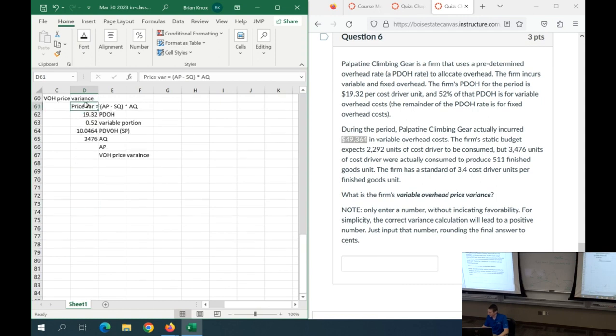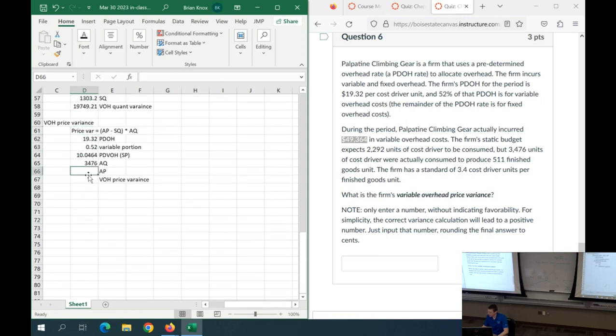I mean this one right here. So the actual price, here we'll do actual variable overhead cost, is $49,364. That's the highlighted portion on the other window on the screen.